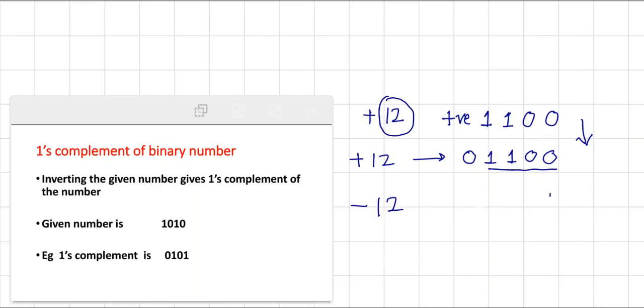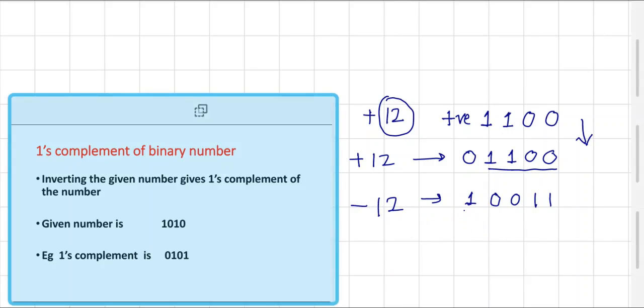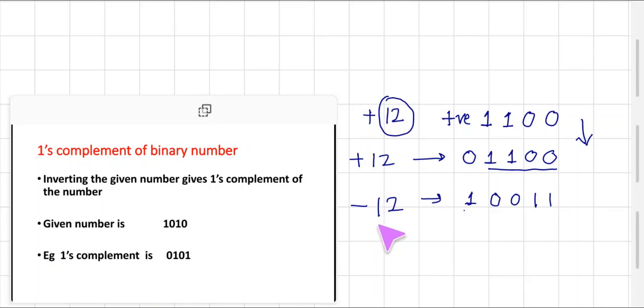So here it will be 1, here it will be 1, here it will be 0, and here it will be 0. And the sign, it is negative, so that will be 1. So this code is representing minus 12 in ones complement form. This is ones complement form.